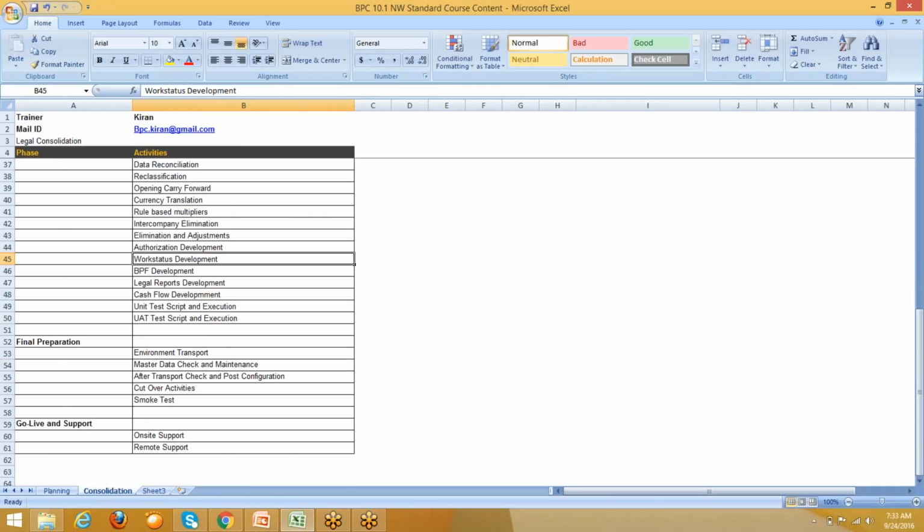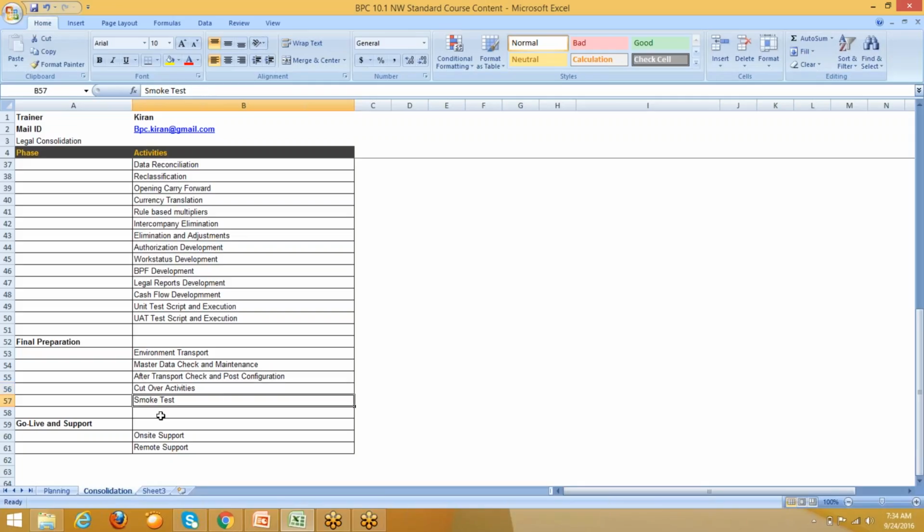Then the final preparation, the same thing: the transporting of environment, master data check, transport check, close configuration, cutover activities. Cutover activities here will be loading transaction data from ECC to BPC. Also that process instance creation, smoke test.